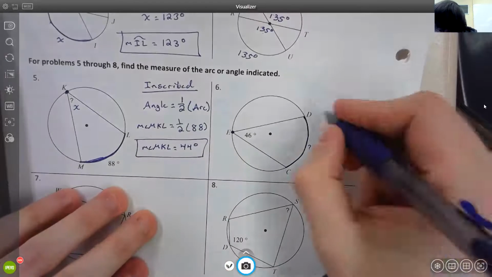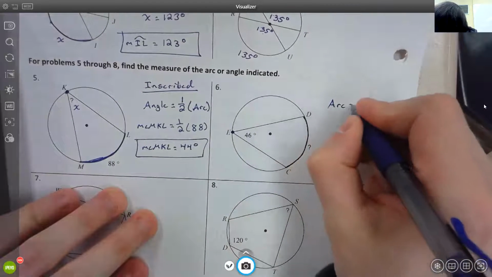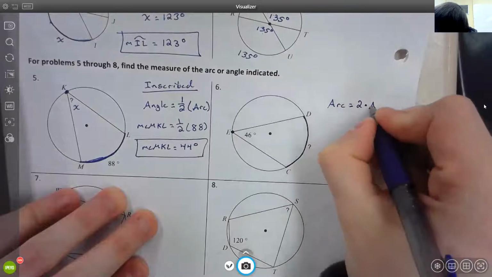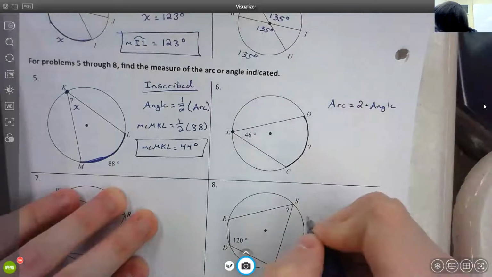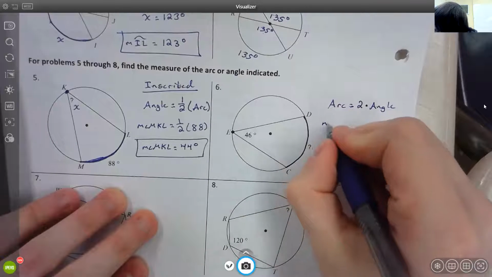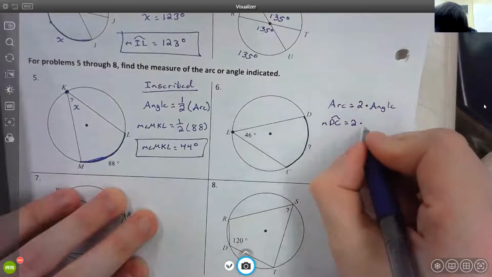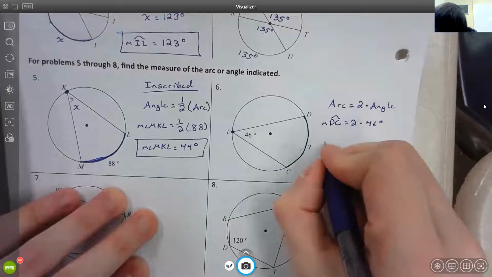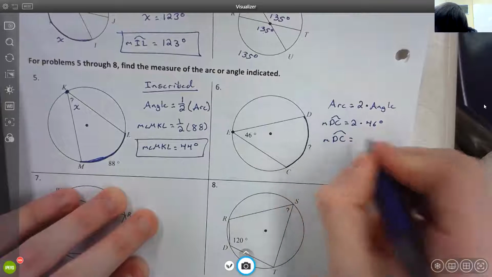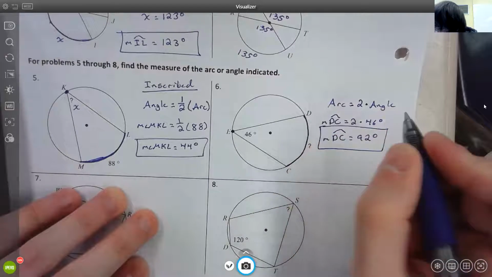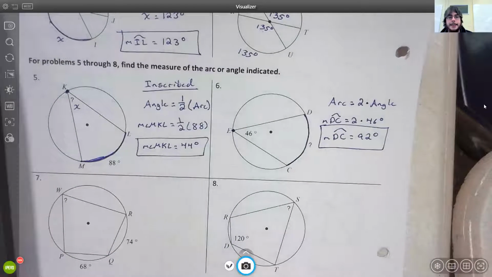Well, we know that the arc has to equal 2 times the angle. So in this case, the measure of arc DC would have to be equal to 2 times our angle 46 degrees. So that means we get 92 degrees for our arc DC.